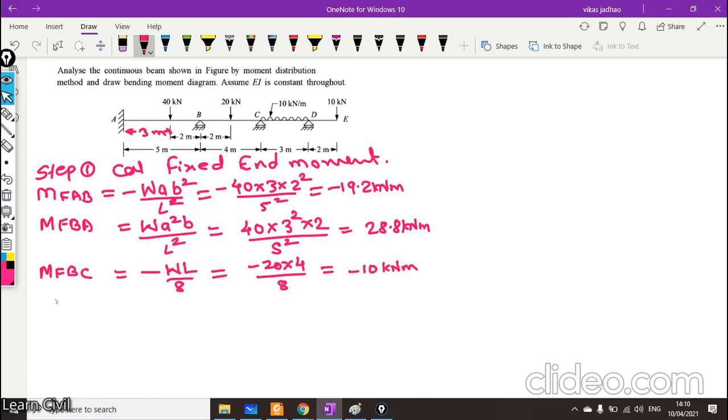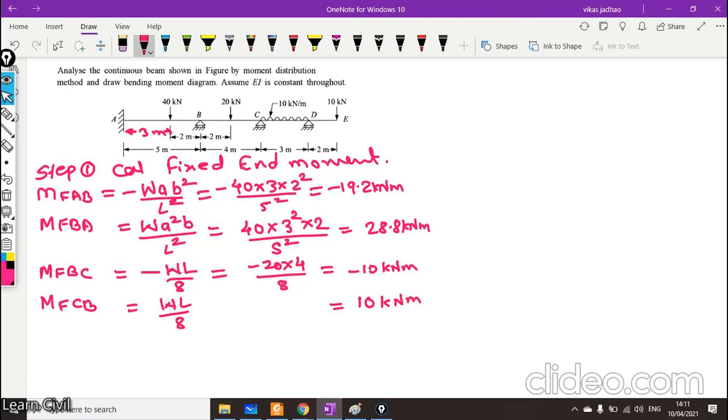Always remember to write down the units. MFCB, the formula will be plus WL by 8. So this will be equal to plus 10 kilonewton meter.